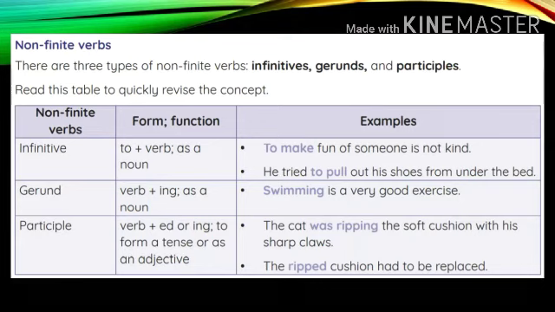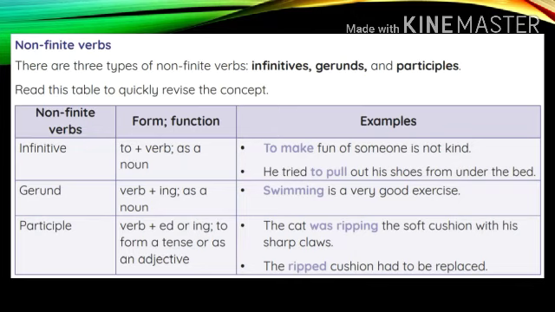See, non-finite verbs. There are three types of non-finite verbs: infinitives, gerunds, and participles. Infinitives are formed using to plus verb, and they are used as a noun. For example: to make fun of someone is not kind.